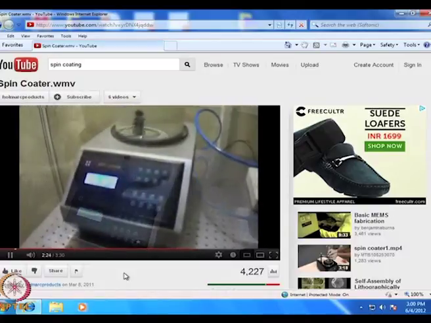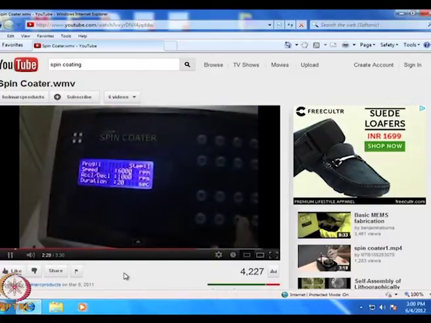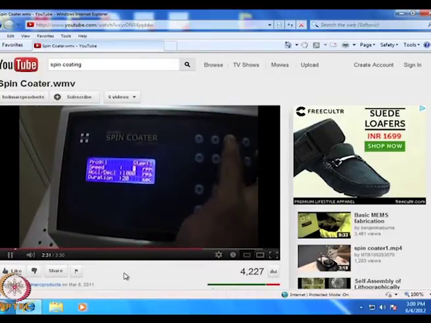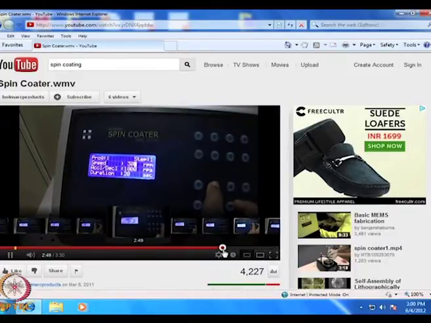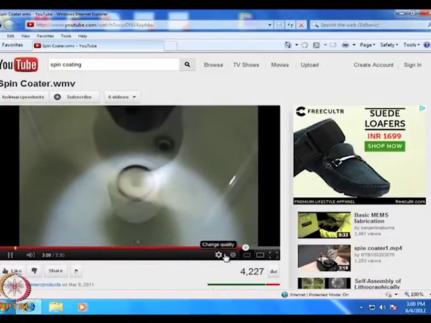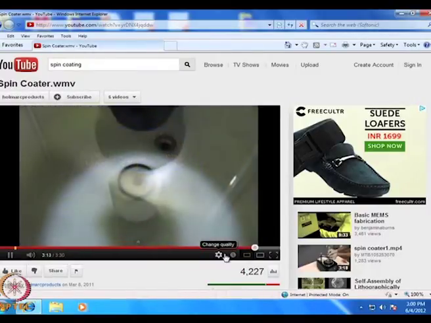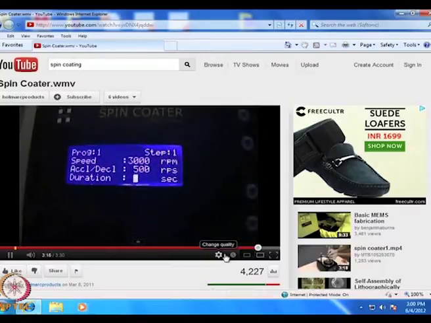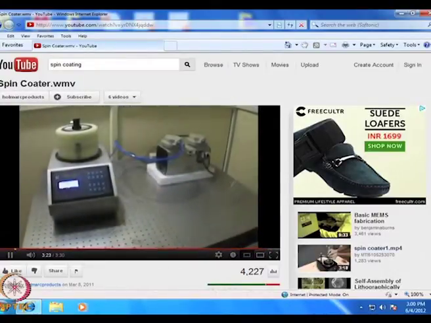He closes the machine and then he fixes various parameters through which the solution is sprayed from the top. Here the rotor is rotating and solution is sprayed onto the surface right from the top. This is the basic spin coating process, a very fast, very efficient process.